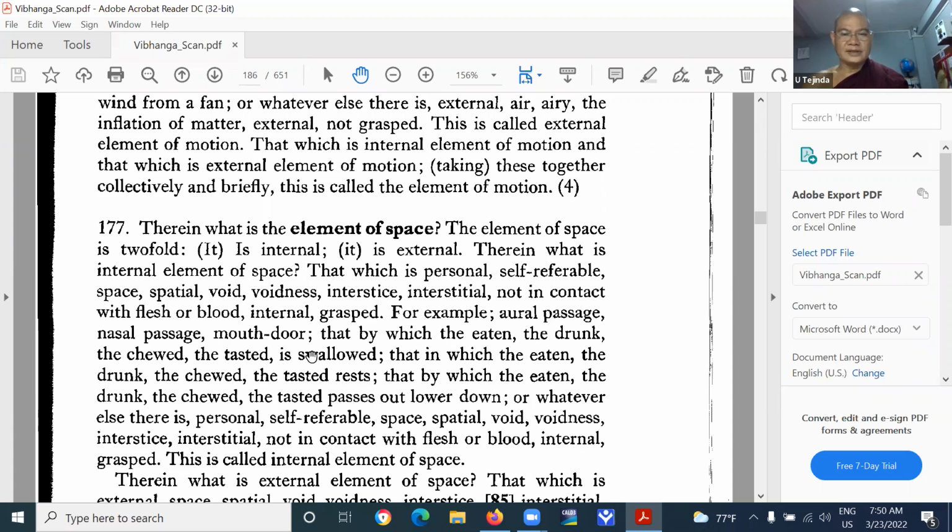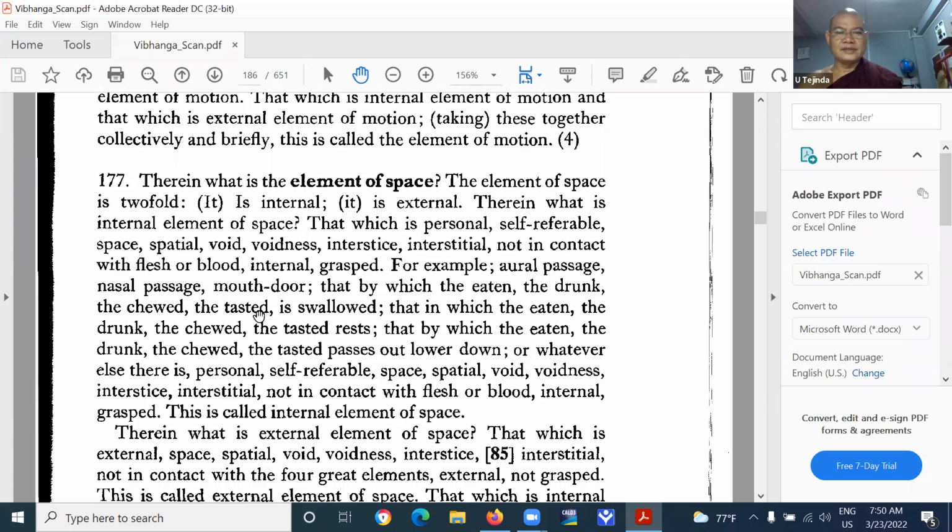Seyyathidam, let's see. The example is given here. Oral passage, nasal passage.